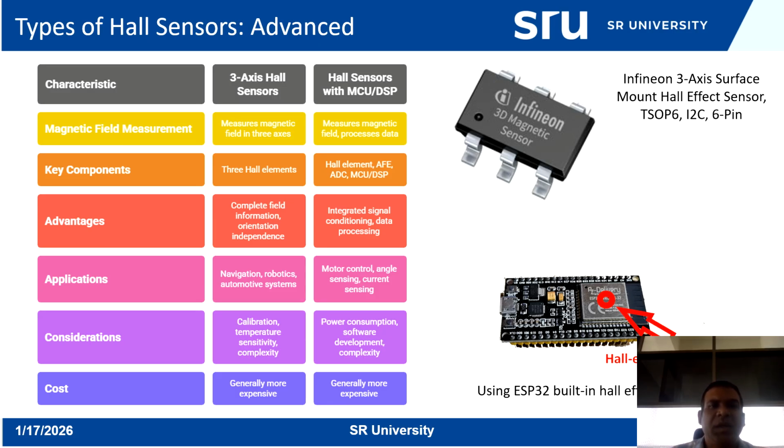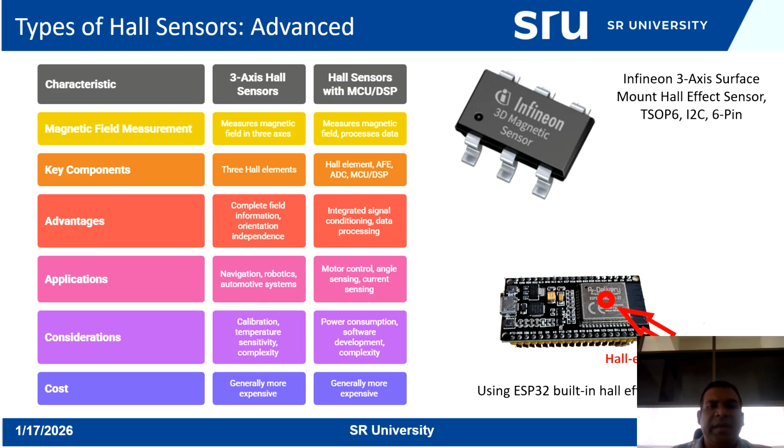Then the second type is Hall sensor with built-in microcontroller or DSP. Basically, it is a smart sensor with on-chip calibration capability.